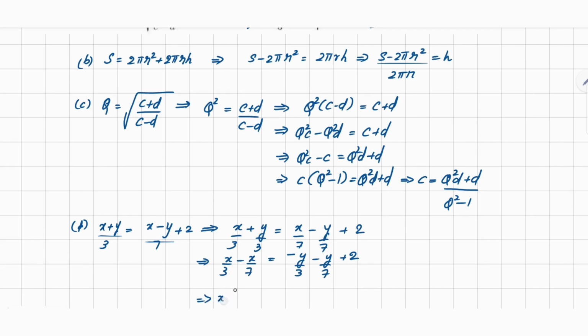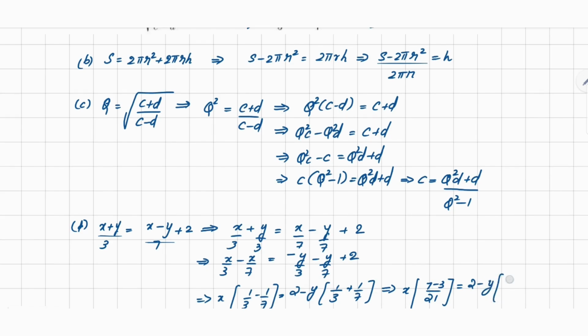So that's x times 1 over 3 minus 1 over 7 equals 2 minus y times 1 over 3 plus 1 over 7. So that's 7 minus 3 over 21 equals 2 minus 7 plus 3 over 21.